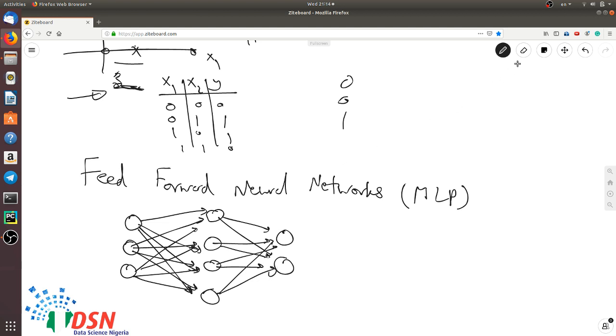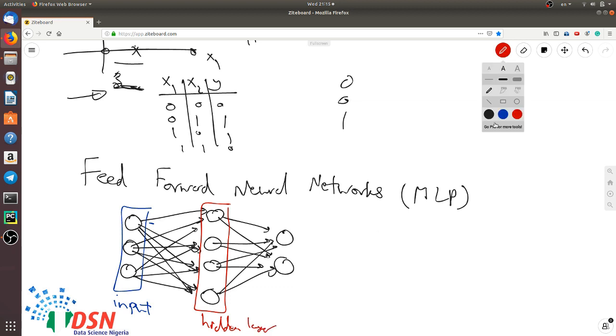We call this the input layer because we feed the neural network input from here. In here we have the hidden layer, and this is the output layer.